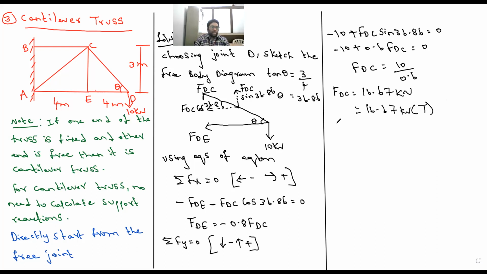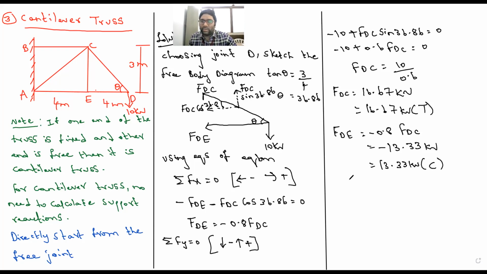Now, FDE is equal to minus 0.8 FDC. What is this value? Minus 13.33 kilonewton, or this is 13.33 kilonewton compression. Okay, so that is how we need to solve the problem.